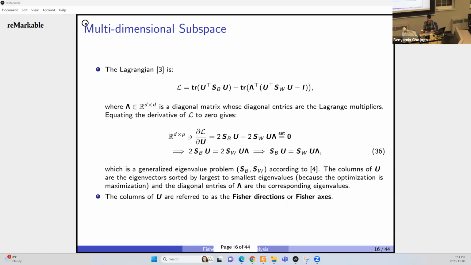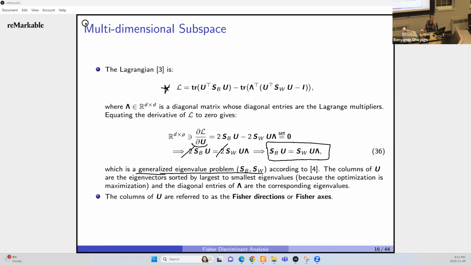Again, I need to maximize this. So Lagrangian: take the derivative with respect to the optimization variable, which is U, and set it to 0. These two 2's cancel each other. You will have this. What is this again? The generalized eigenvalue problem of SB and SW. And what is U? The eigenvectors of this generalized eigenvalue problem.